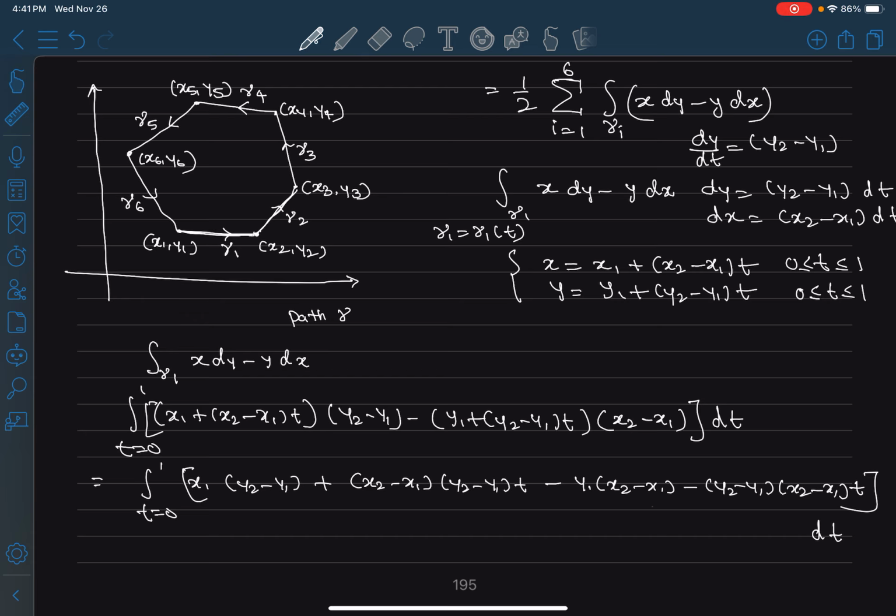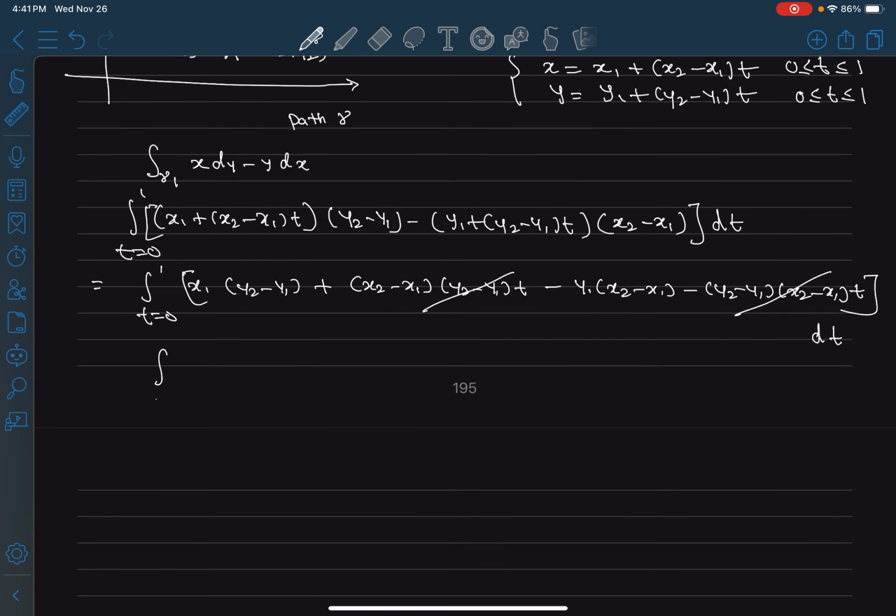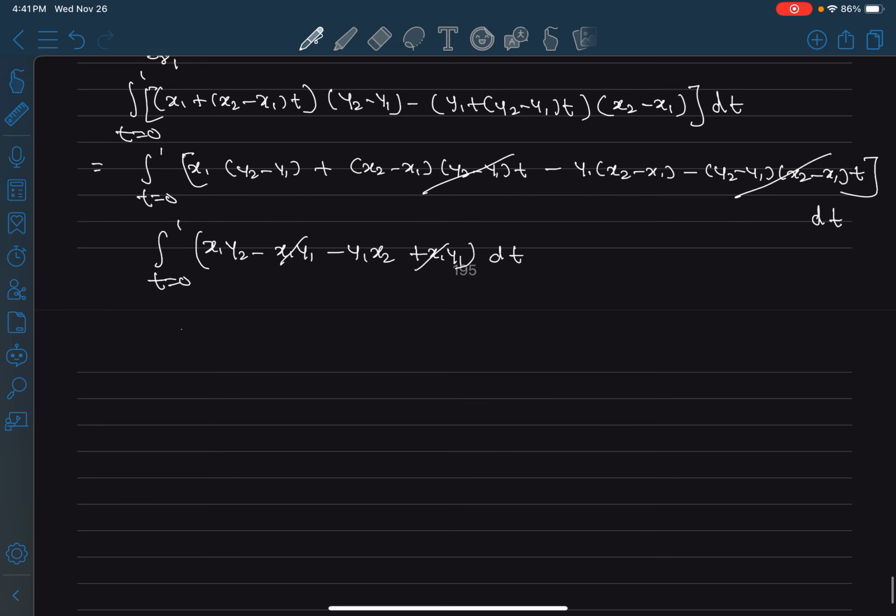Now notice that the second and the last term cancel out, and we have these remaining terms: x1 y2 minus x1 y1 minus y1 x2 plus x1 y1. Again, x1 y1 cancels out, so we just have the integral from 0 to 1 of x1 y2 minus x2 y1 dt, and this integral will just be x1 y2 minus x2 y1.